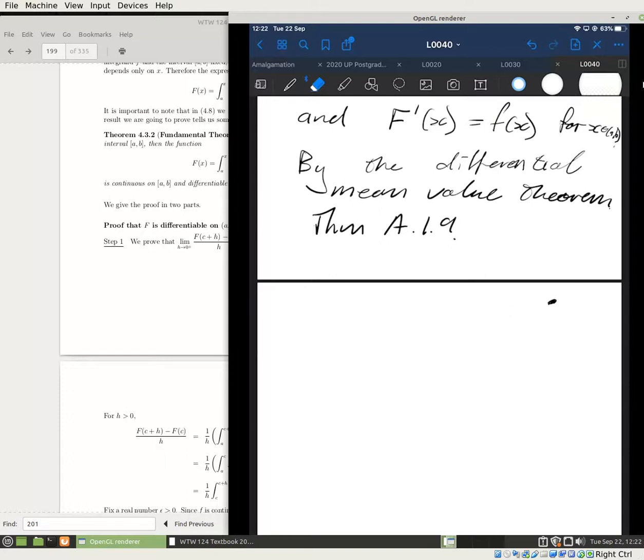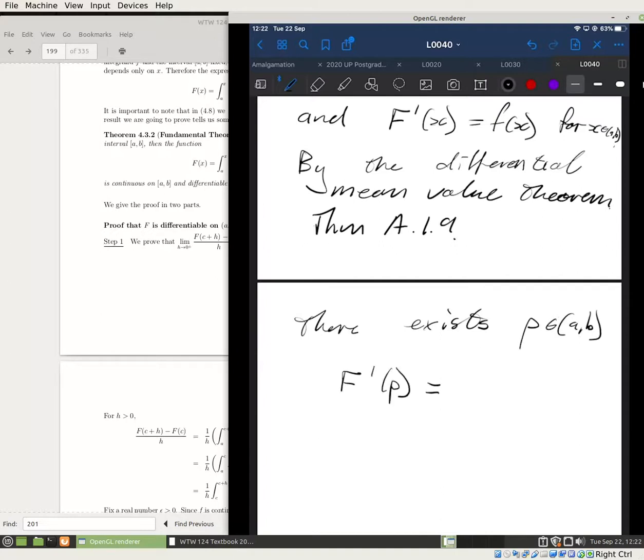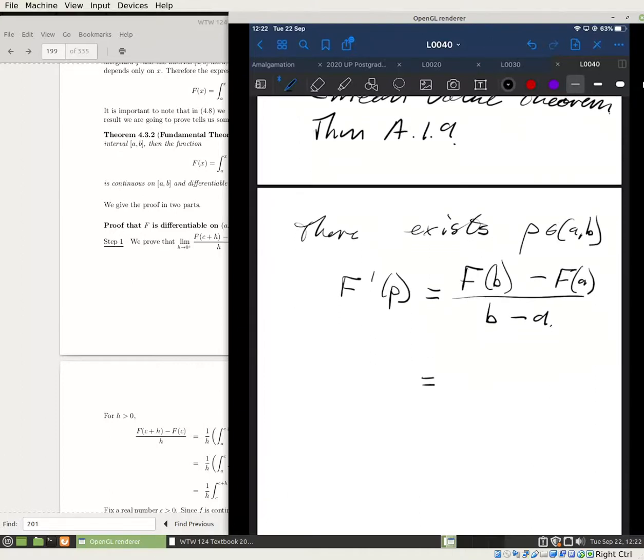Okay, so by the differential mean value theorem, there exists some p in the open interval AB, so that the derivative of big F at p is equal to the slope of the line connecting the endpoints of the graph of big F. But if you now work this out, this is F of b, the integral from a to b of f x dx, all over b minus a, minus the integral from a to a, but if we integrate from a to a, that's just 0.